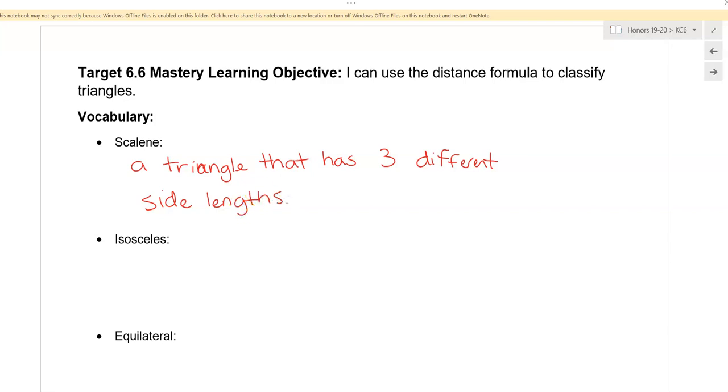Okay. So for example, if I draw here, let's say, pretend these connect. So there's a triangle. We have like 7, 5, and 2. All right, all three numbers are different, and that makes it a scalene triangle.